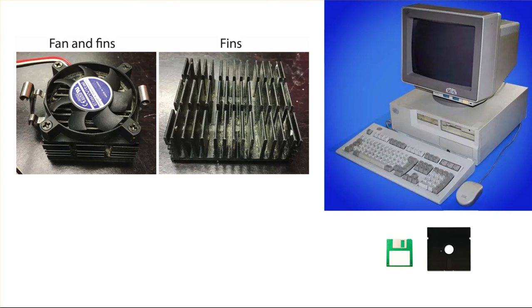A fan blows on the heat sink to increase the heat transfer, just like when you blow on hot food to cool it down. When selecting a material to make the heat sink from, we need a material that is conductive. Back in 1988, aluminum was fully capable of conducting the heat away from a 486 CPU.